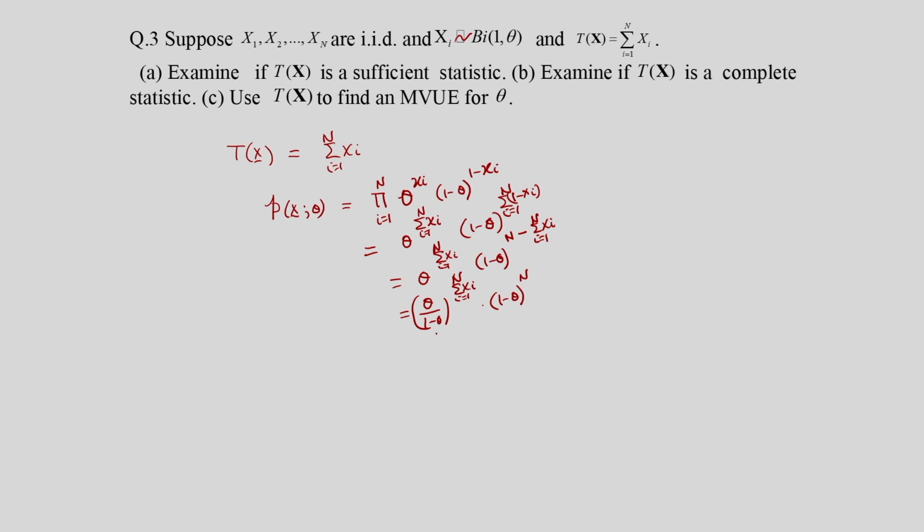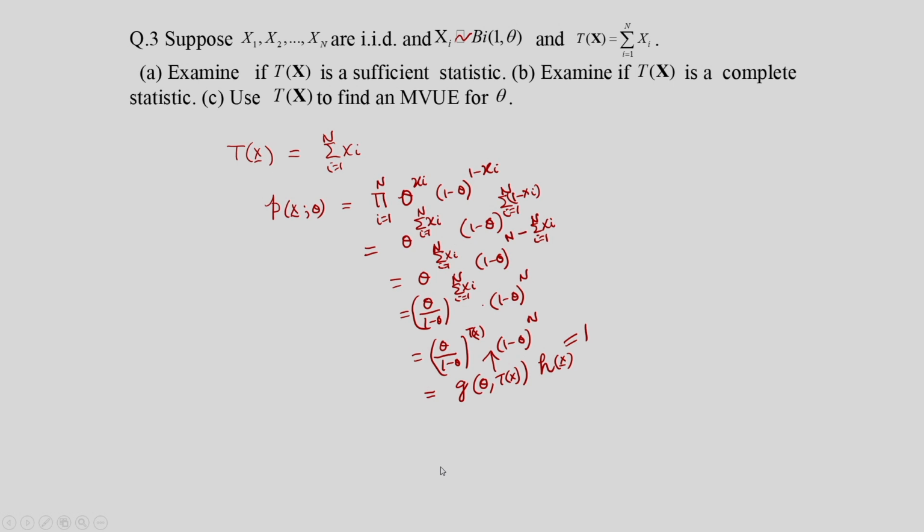So, this is Tx. So, this is equal to theta by 1 minus theta to the power Tx, and then 1 minus theta to the power n, and we can see that the factorization theorem is satisfied. We can take this as g of theta, Tx, into hx. This hx is equal to 1, and g of theta, Tx is equal to this.